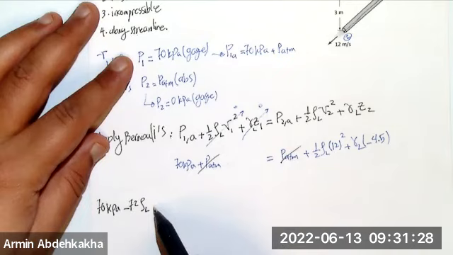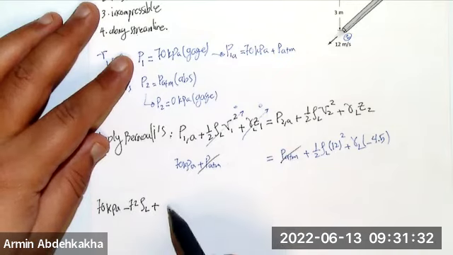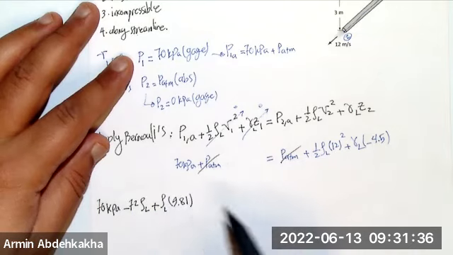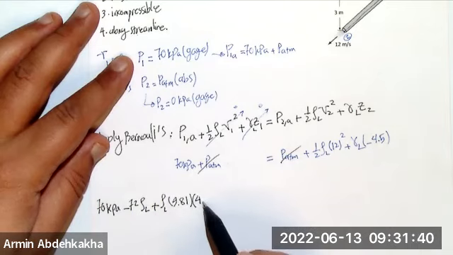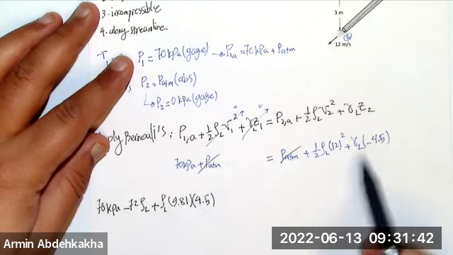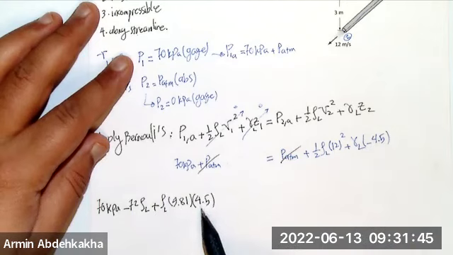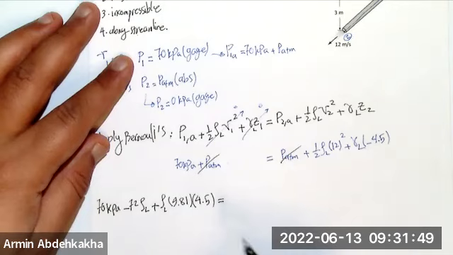And also the minus is going to be positive: rho of liquid times 9.81, which is your g, times 4.5, right? I just put the negative sign, I get rid of the negative sign. It has to be equal to 0.